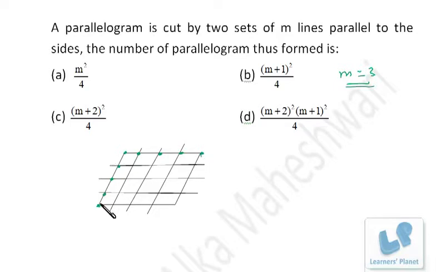Right? If I select 2 points from this line, suppose I just change the color of the pen, wait a moment. Suppose I select these 2 points from this line and maybe these 2 points from this line, right? Now if I draw the line from these points, something like this, right?